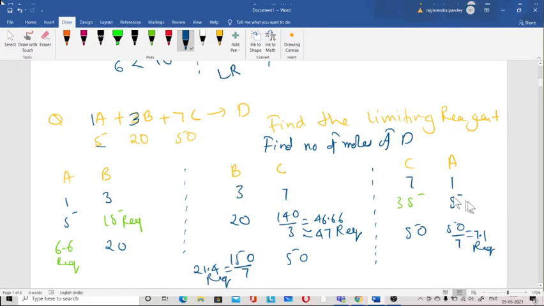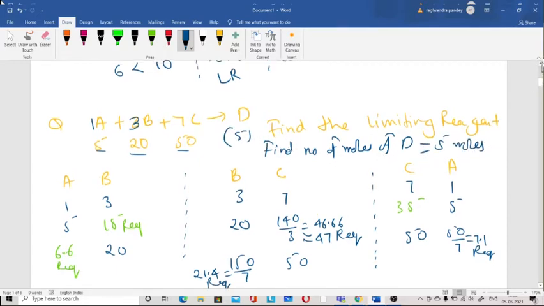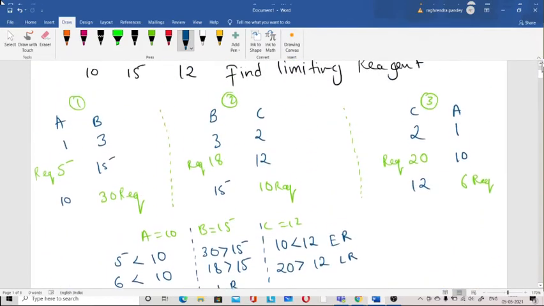Not according to the reaction, but according to these moles, 5, 20, 50. 5 moles, because 1 of A is giving 1 of D. So A is the limiting reagent. It has 5 moles, so it will give 5 of the D. So 5 is the answer.